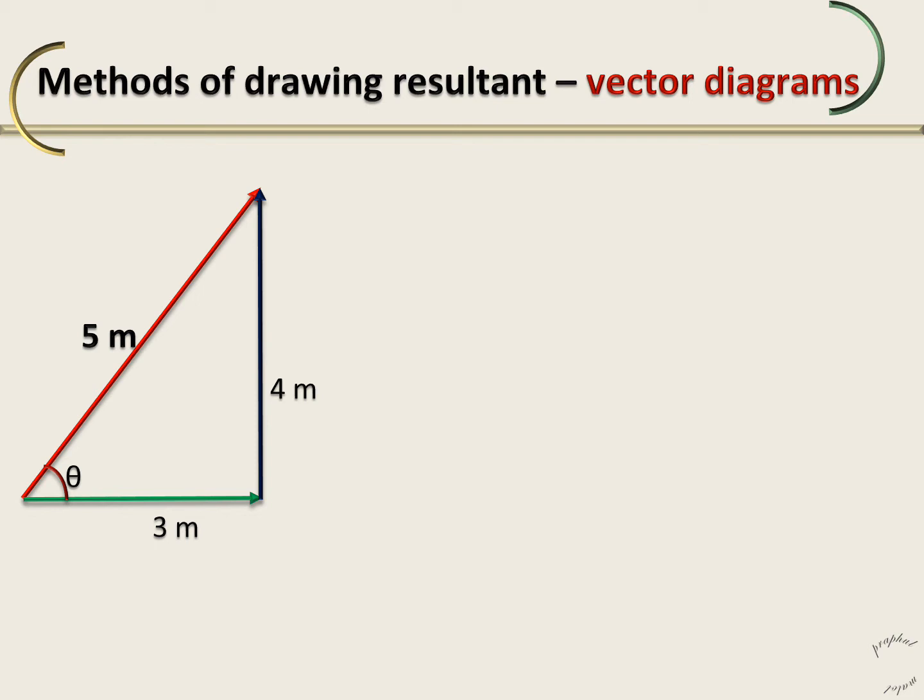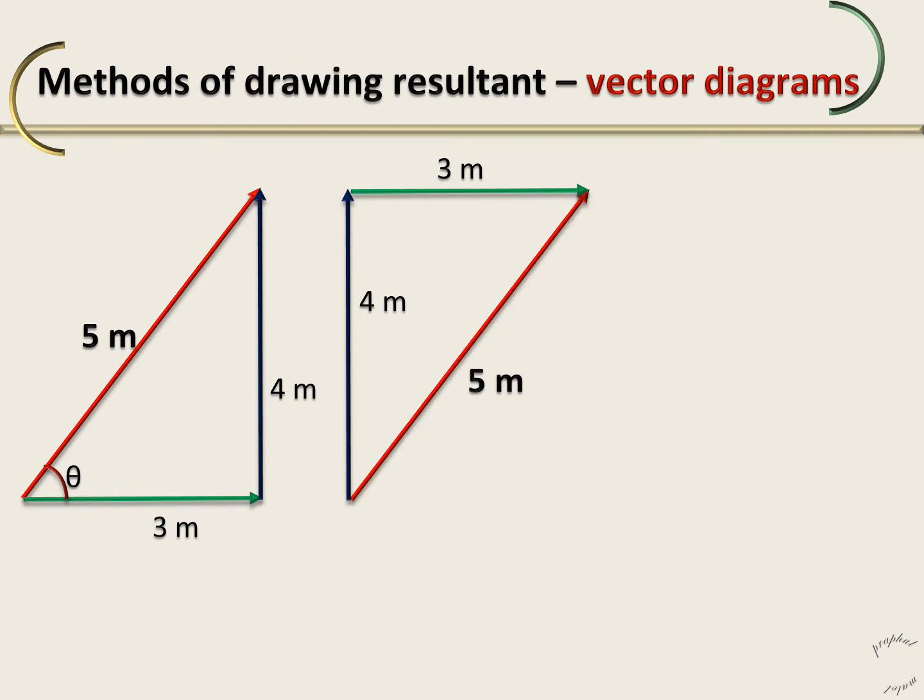Like that, if you want the angle to the vertical, you can always draw the vertical vector first. Then continuously, head to tail, you can join the horizontal vector. In this case, when you find the resultant, directly what you get will be the angle to the vertical. These two ways you can easily calculate the resultant because both of them are triangles and you can use Pythagoras theorem or SOH CAH TOA.